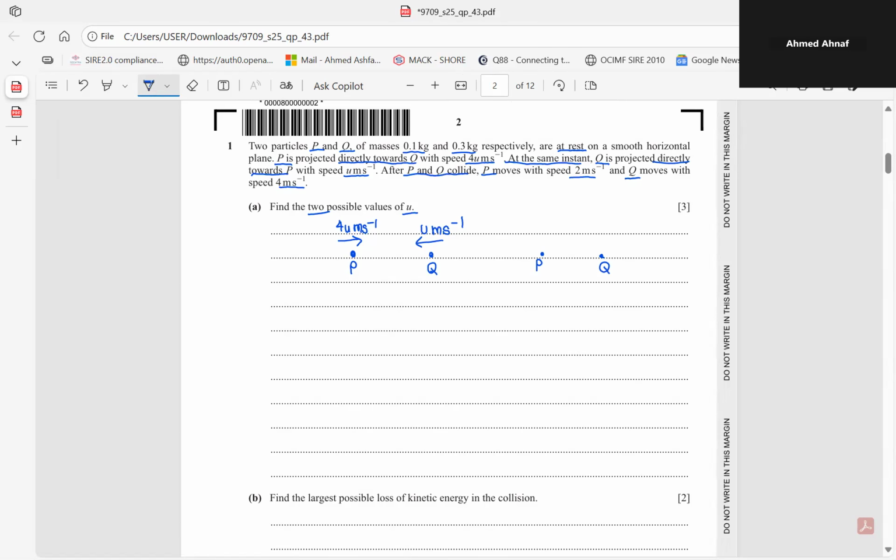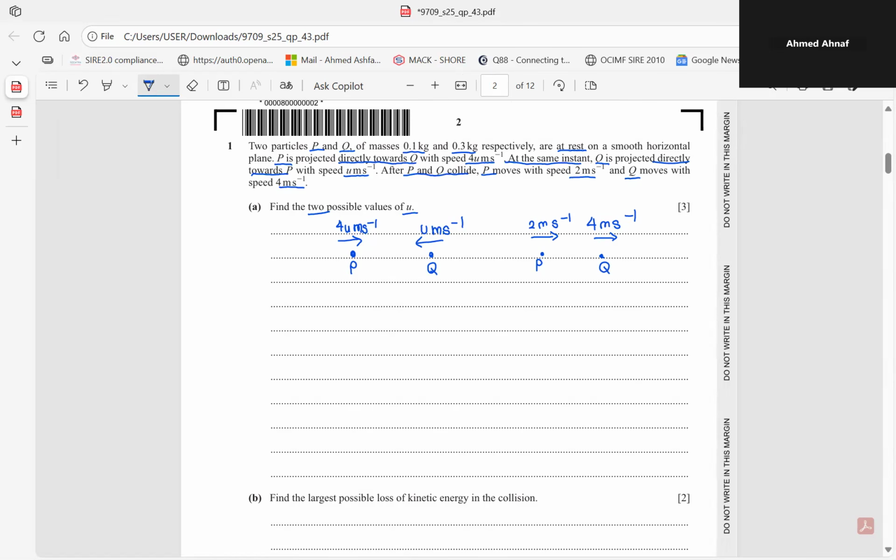Okay, so we can have two scenarios here. The first scenario is that they both move in this direction, 2 meters per second and 4 meters per second.